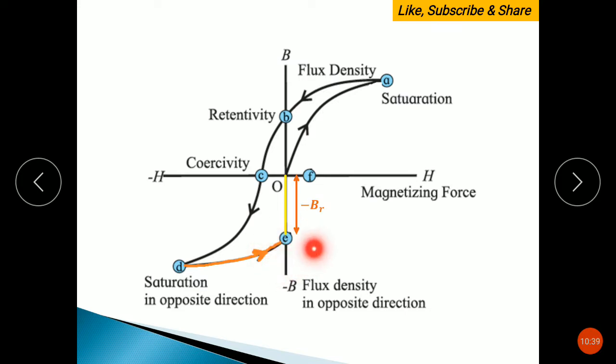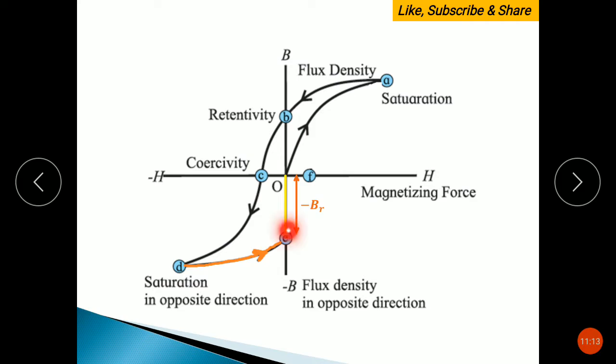So we get a point E. When the current is increased from the negative maximum value to 0, the external magnetic field intensity H becomes 0, but B is not 0. So it follows the path D to E. At point E, H is 0 but B is not 0, and this value is the same as the retentivity, but on the negative side. So this is also the reverse residual flux which remains in the magnetic material.